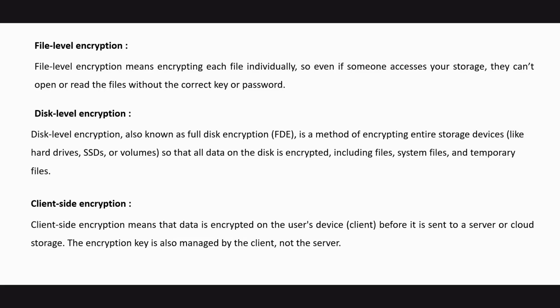To access the files in the disk, we need a decryption key to decrypt it. Only then can we see the files, the system files, temporary files, every file. If it is not decrypted, we cannot see them. That is called disk level encryption, encrypted at the disk level.